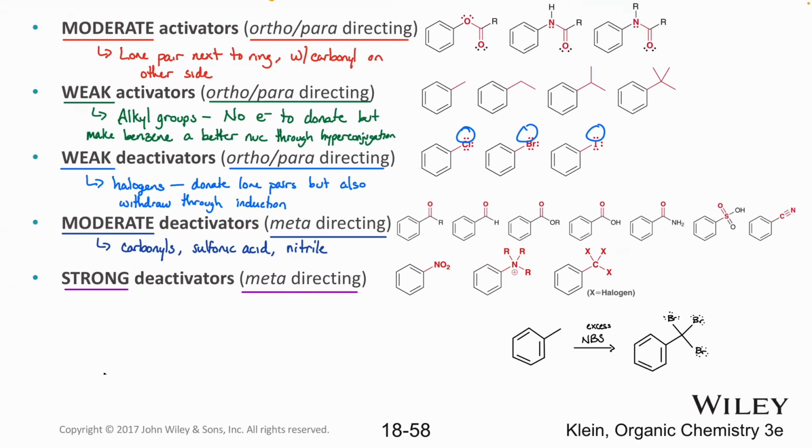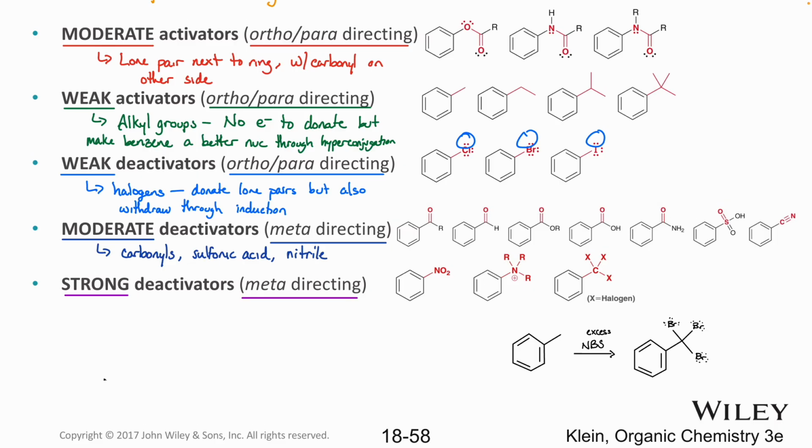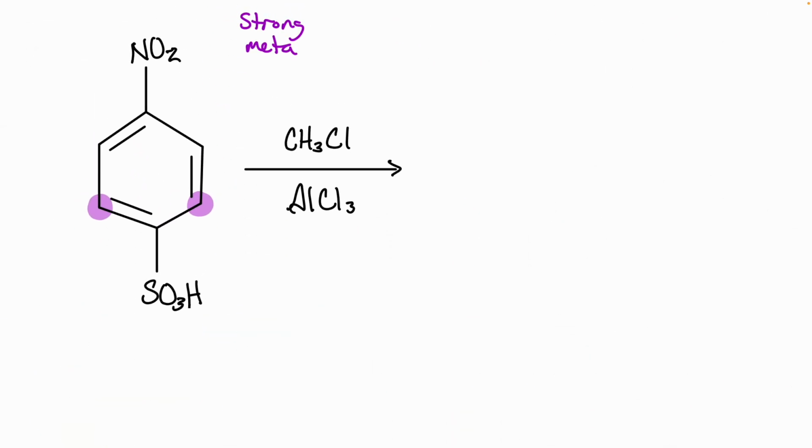Our sulfonic acid group is also a metadirector, but it's a moderate metadirector. So it wants to direct that methyl group, that incoming substituent, to those positions that are meta to that sulfonic acid group. And we see there's a conflict here, right?